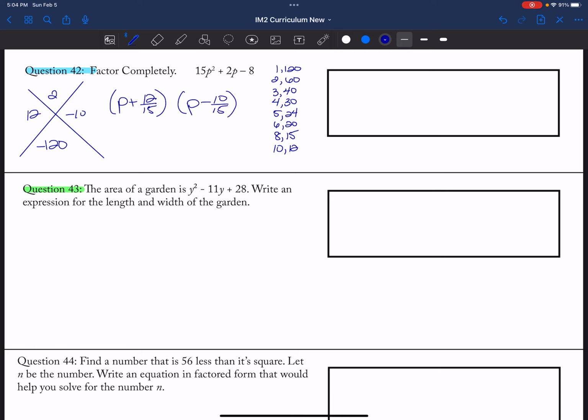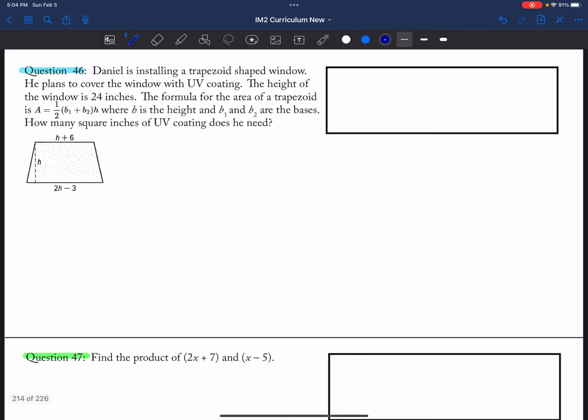So then this reduces to a p plus 4 over 5 and a p minus 2 over 3. That's reduced by 3. This is reduced by 5, yes. So then I have a 5p plus 4 and a 3p minus 2, because you bring what's in the bottom to the top. Okay.